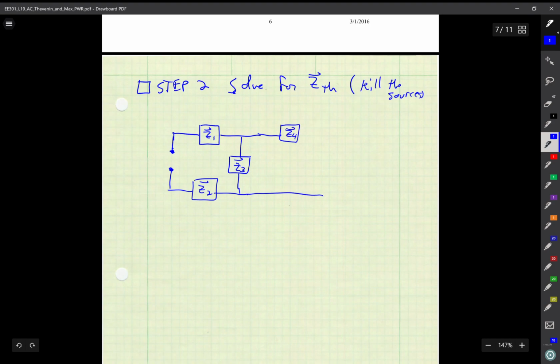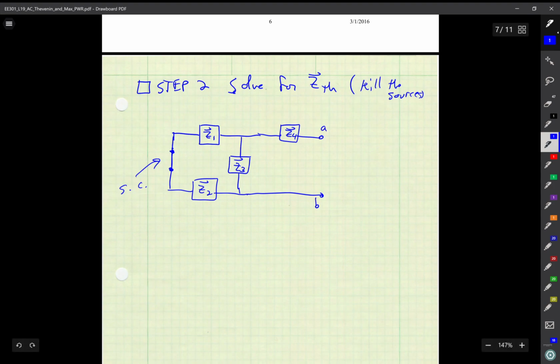Now, for a voltage source, when I kill it, that means I'm dialing it down to 0, and therefore it's a short circuit, shown right here. That's my short circuit where my voltage source used to be.